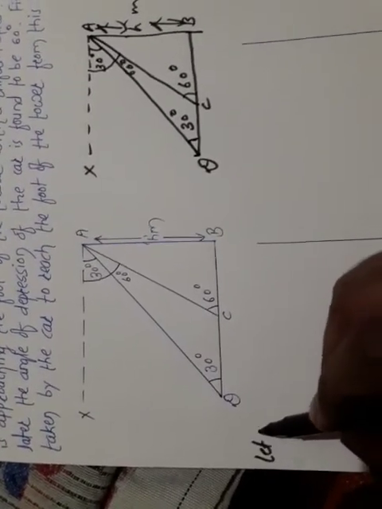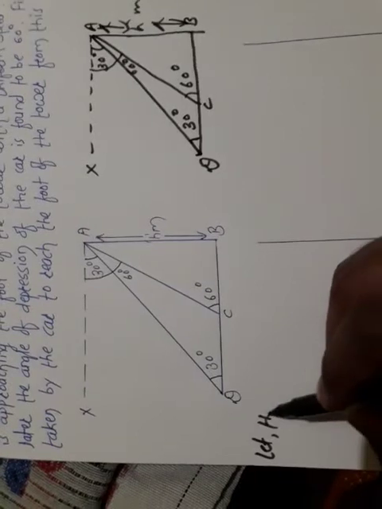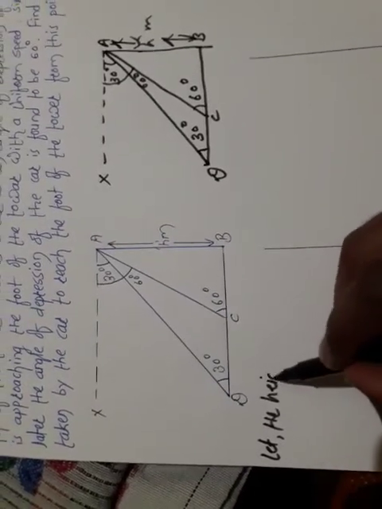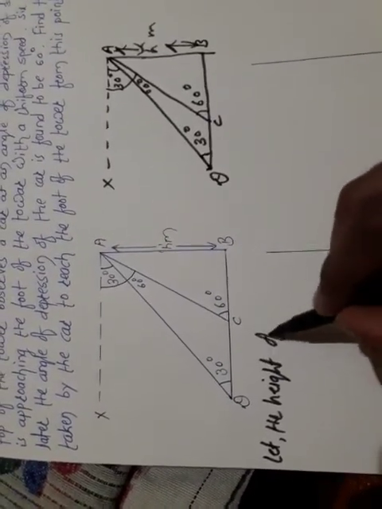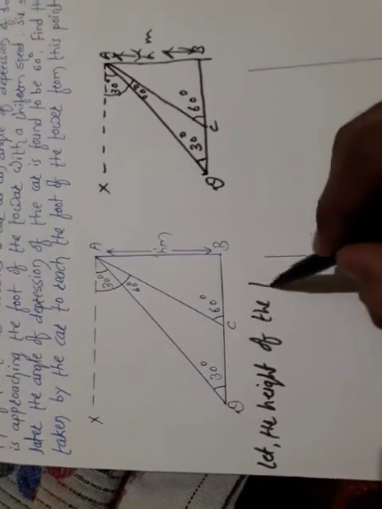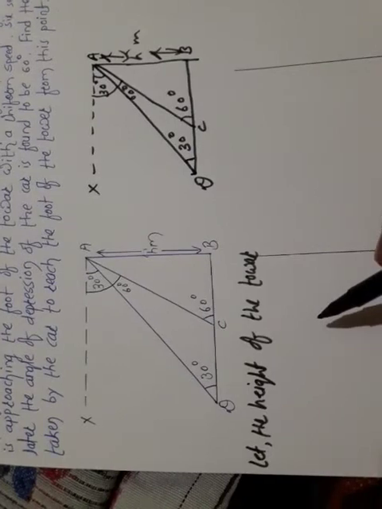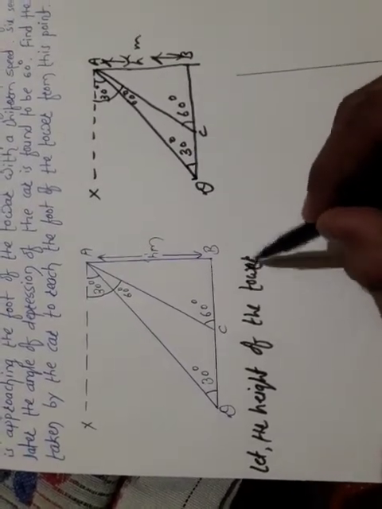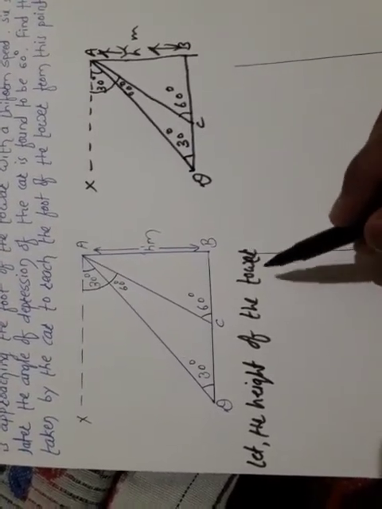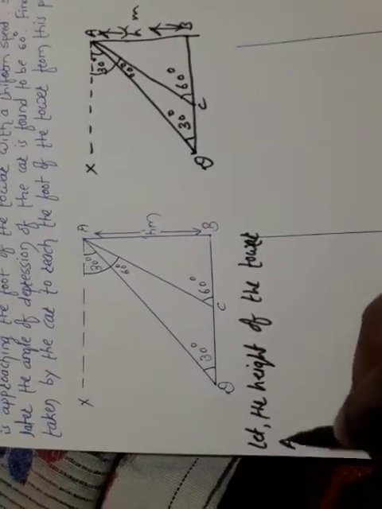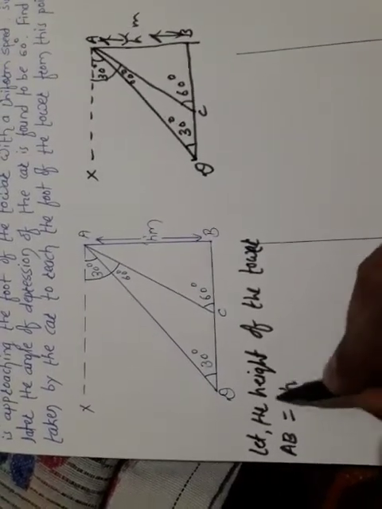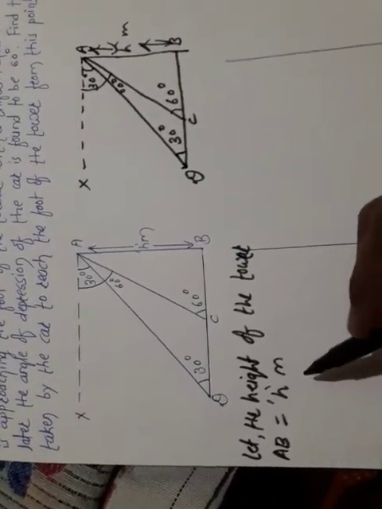Let the height of the tower AB be equal to h meter.